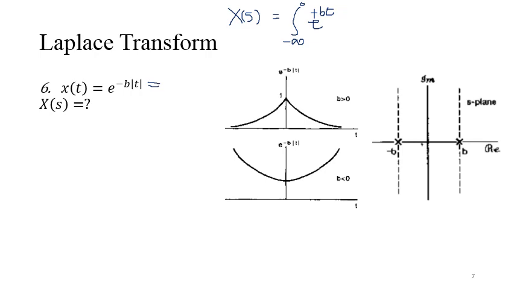Depending on the value of b, the signal can be exponentially growing or exponentially decaying as you move away from 0.